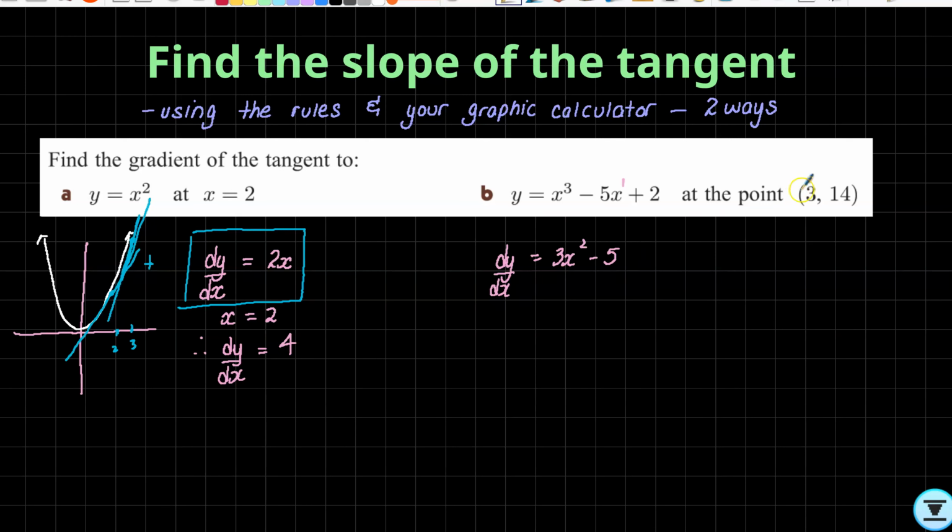Now we want it when x is, right, we want our x value. They're trying to confuse you by giving you 2 numbers. We just want the x. So dy by dx will equal 3 times 3 squared, take 5. 9 3s are 27, take 5, 22. So a very steep function there.